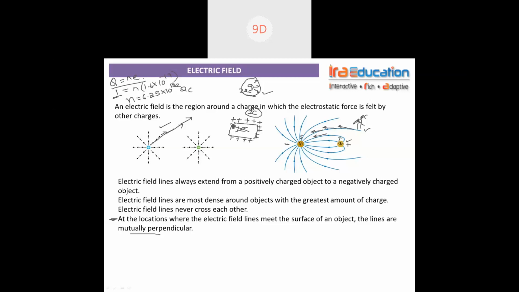There is no charge at the center. Because there is no charge at the center, there is no electric field at the center. These points I can explain specifically once I tell the formula. Right now I don't want to discuss it. That time only you will understand why it is mutually perpendicular. So just remember this: charge is always at the surface. Charge is not inside. Only on the surface you will have charge.